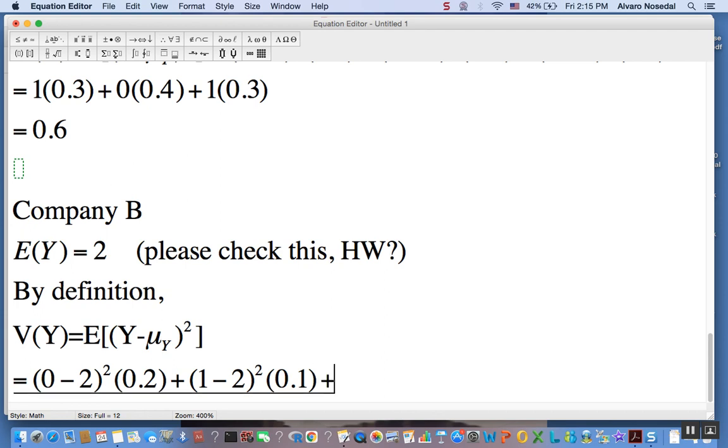And then we do the same for the next value. The next value happens to be 2. The mean again was 2. We square it, and now the corresponding probability is 0.3.